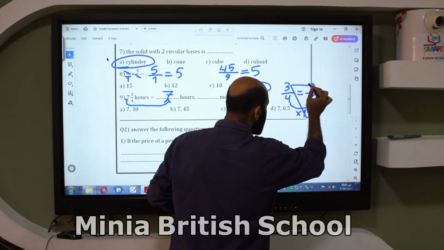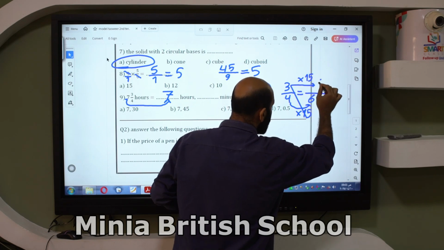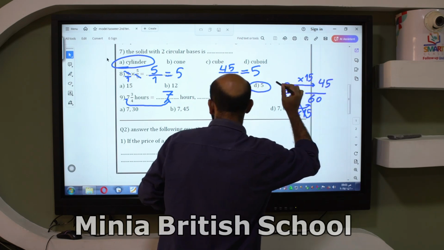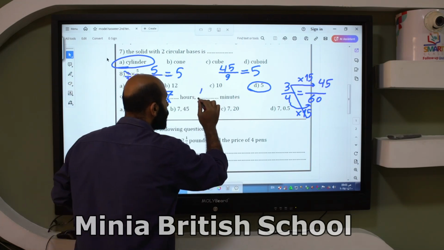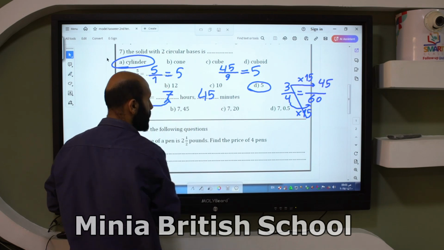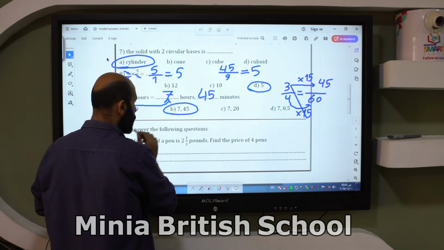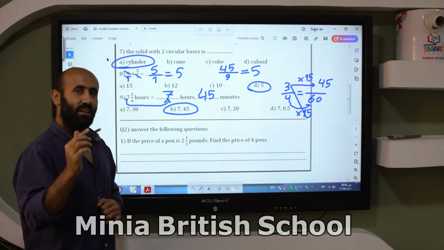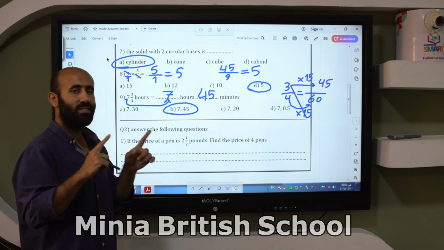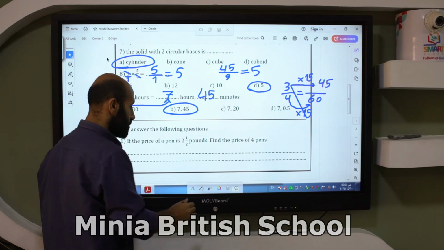So 3 times 15 equals 45. So that means 3/4 hours equals 45 minutes. So the right answer will be 7 hours and 45 minutes. Is it clear for you? Good. Let's get to the second part, or the second group of questions, which is the essay questions.